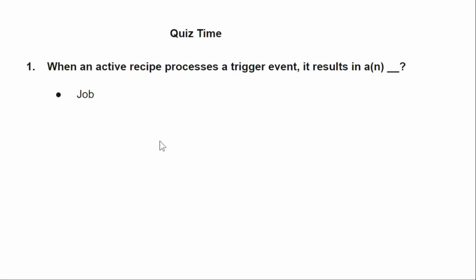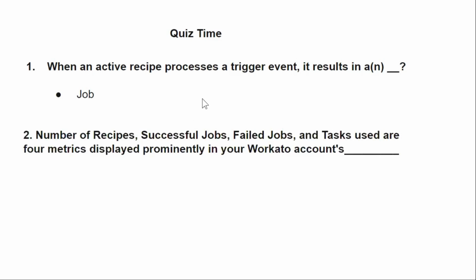Let me go to the second question. The number of recipes, successful jobs, failed jobs, and tasks used are four metrics which are displayed in your Workato account. Any guesses? Okay, let me give you the answer.